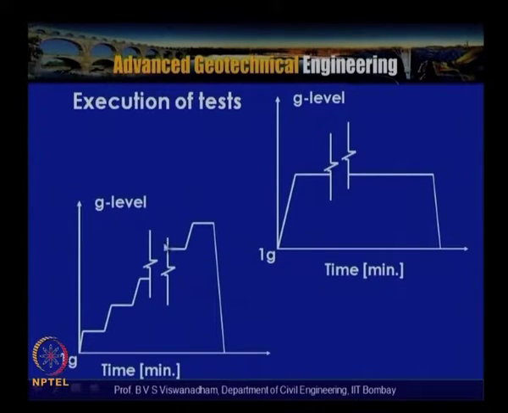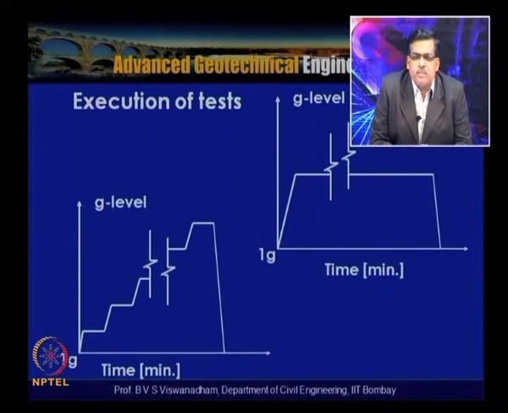So this is called variable gravity level, but at each and every gravity level the model actually behaves like a prototype. That means if you have a sandy soil model, a dry sand model, the generation of pore water pressures will not be there.